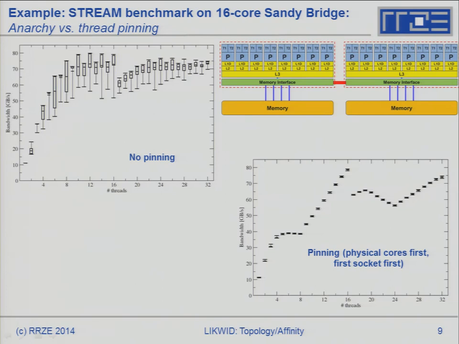But the 9th thread, which has the same share of work as each core in the first socket, is on a socket on its own. So its share of memory bandwidth is much higher. It's faster. So this 9th thread sitting here has the same work as any other thread sitting here, but it's finished much earlier because it has more bandwidth, more room to breathe, so to speak.